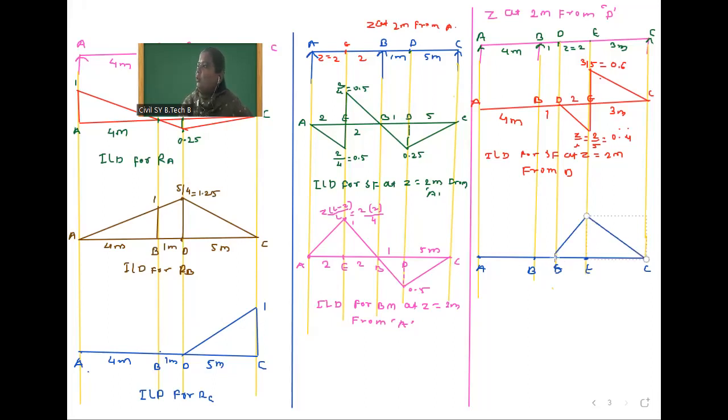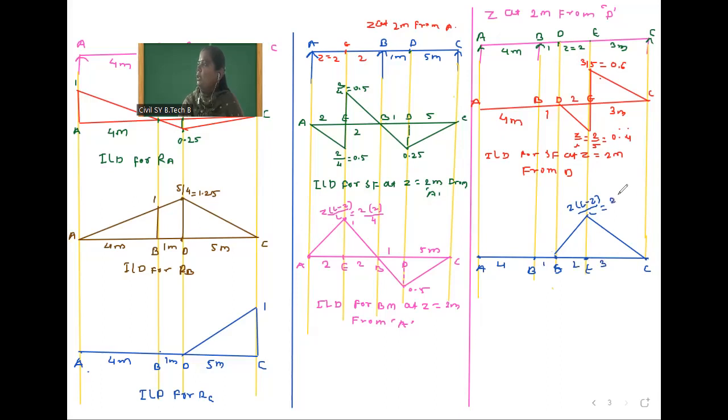At hinge support value is 0. So for this B and A support again value is 0. That means ILD for bending moment is only likewise. Here value is how much? Z in bracket L minus Z divided by L. So which is equal to? So this distance is 4 meter, 1 meter, this is 2 meter and 3 meter.